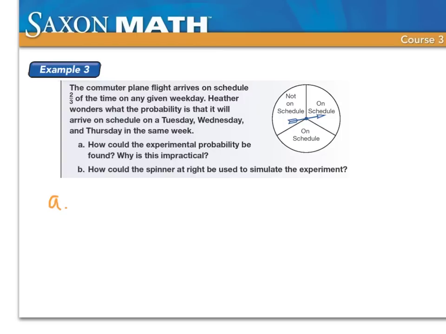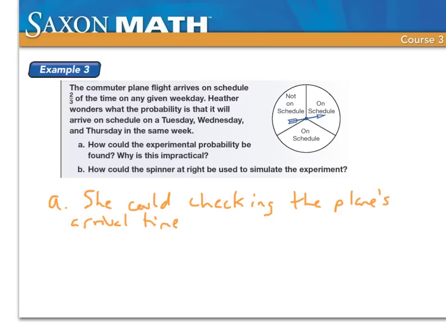So she could find this. She could get the experimental probability by checking the plane's arrival time on Tuesdays, Wednesdays, and Thursdays for several weeks.